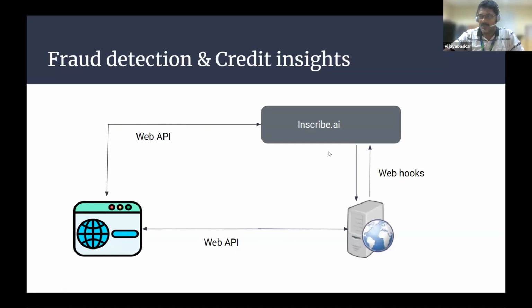It gets into the Inscribe.ai portal, and Inscribe.ai analyzes the documents. It reads all the information present, and it gives the trust score, which can be used within our application logic to arrive at a status on the documents.